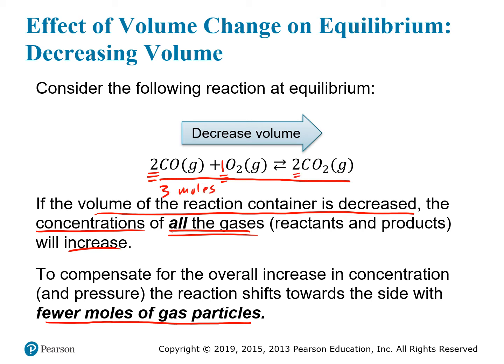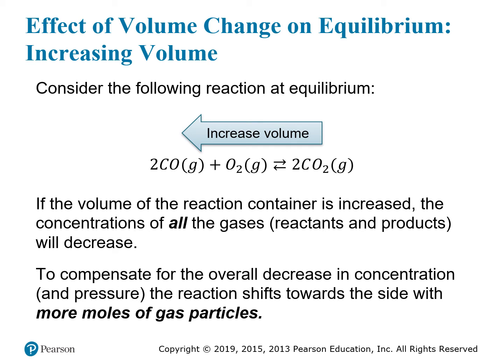On the right-hand side, you have only 2 moles of carbon dioxide. And so for this particular equation, shifting to the right decreases the number of moles and therefore decreases the concentration. So for this particular equation, if you decrease the volume of the container, it'll shift the reaction to the right.